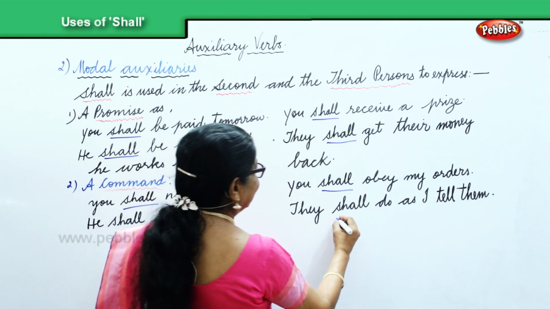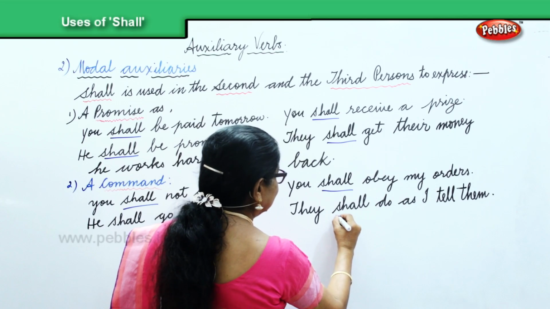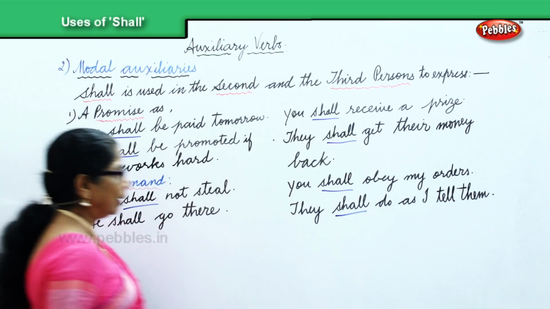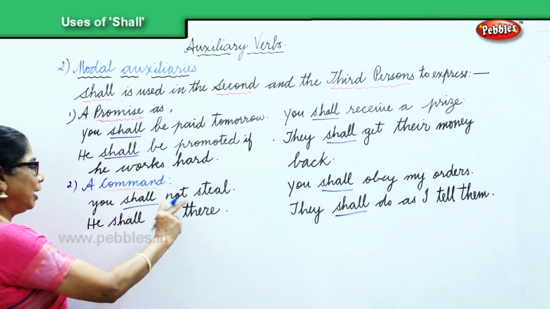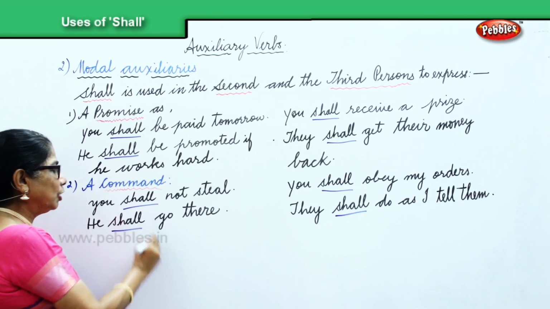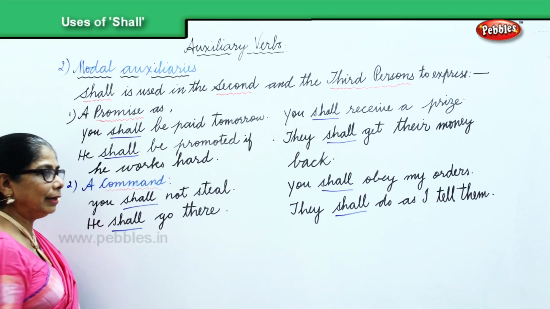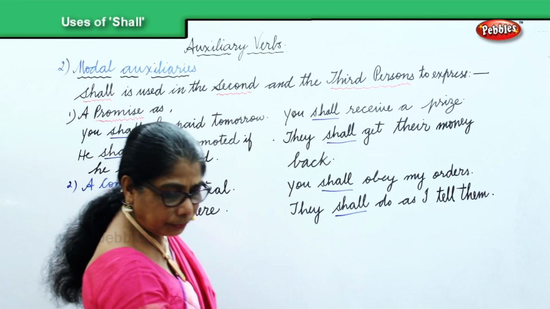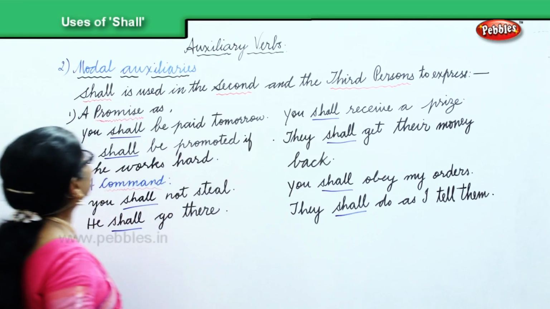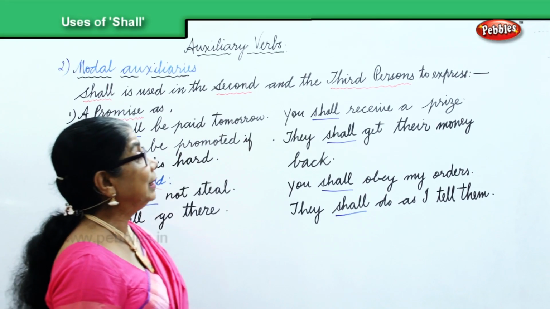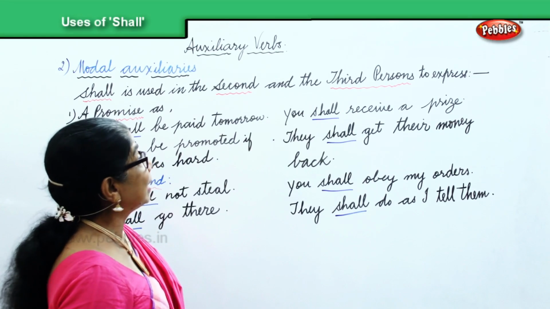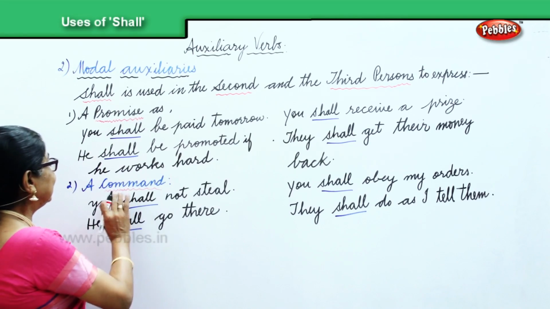You shall obey my orders. You shall not steal. He shall go there. All commands. We have four examples of commands. So, the modal auxiliary is used in the second and third persons as a command.